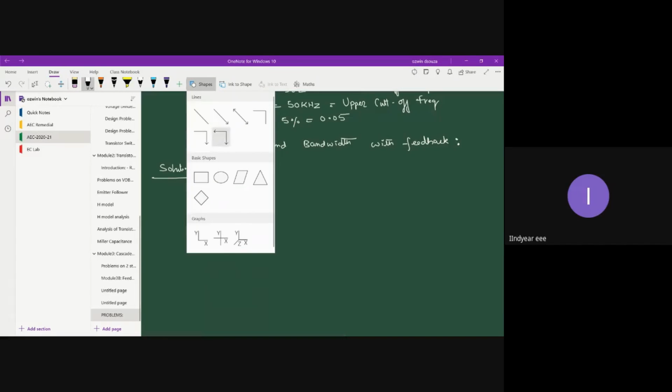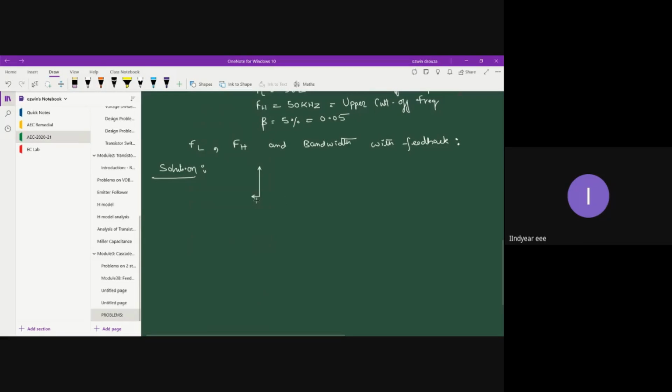I think I have already told you in the previous class. Basically, these lower and upper cutoff frequencies talk about the bandwidth.